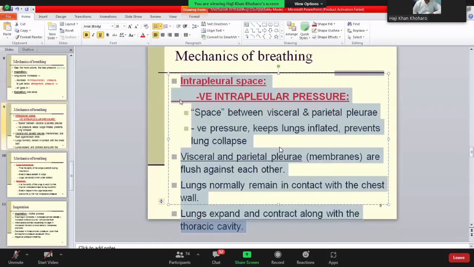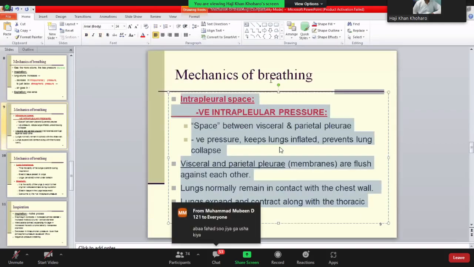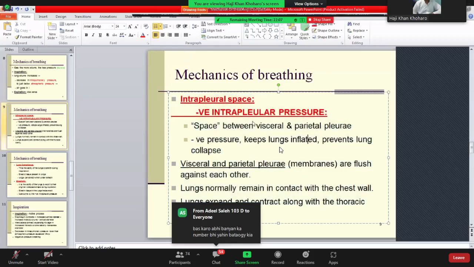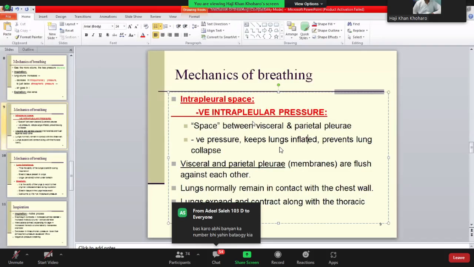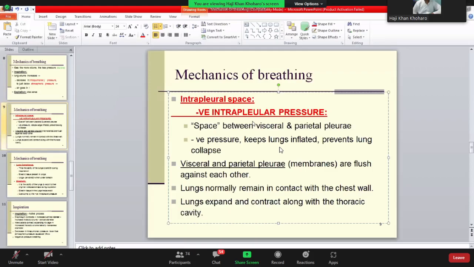Lung elastic recoil forces are generated by the elastic tissue present in the lung, and the lung tissue contains a lot of elastic tissue, which is trying to collapse the lungs. This lung collapse is prevented by the negative intrapleural pressure.